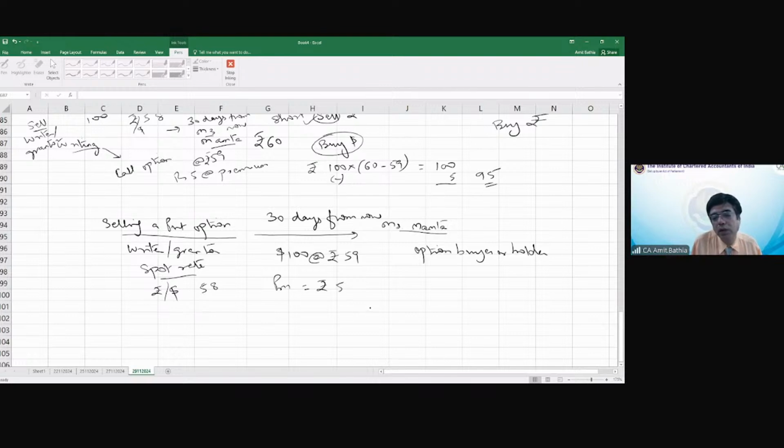Now, what if the spot rate in the market is rupees 60? Will Ms. Mamta exercise this put option? No, sir. In case of a put option, if the prices go down, then the option holder will exercise it. Very good.